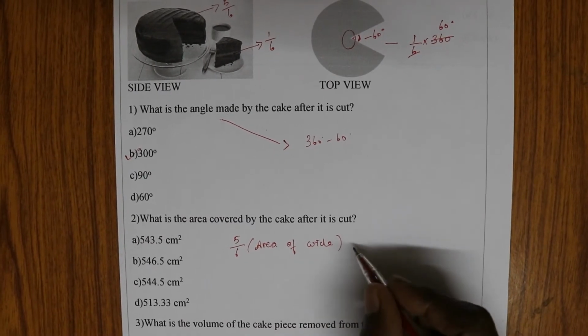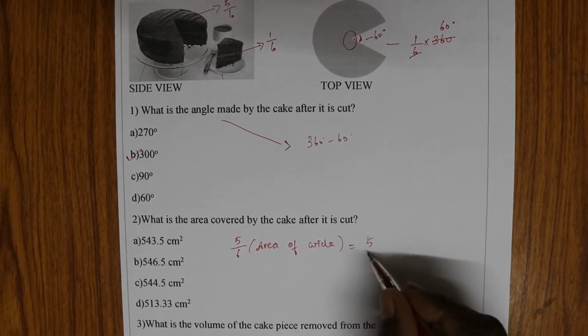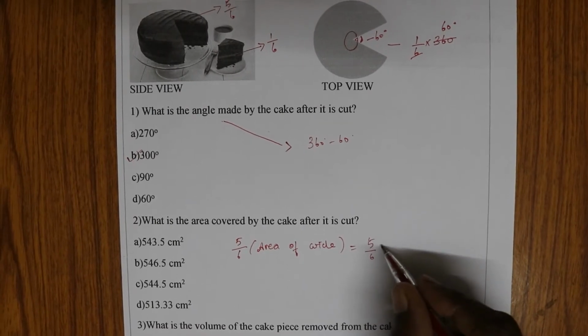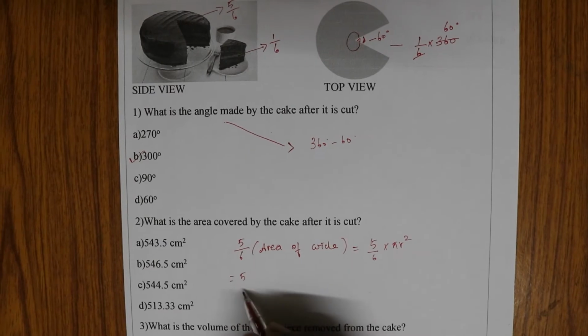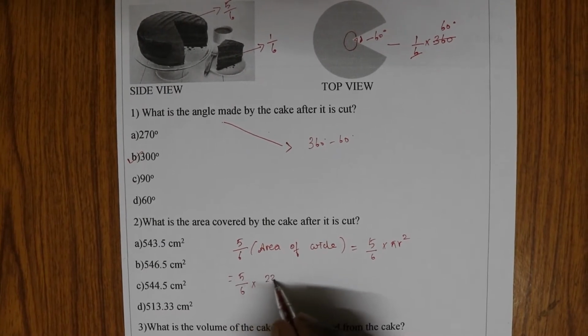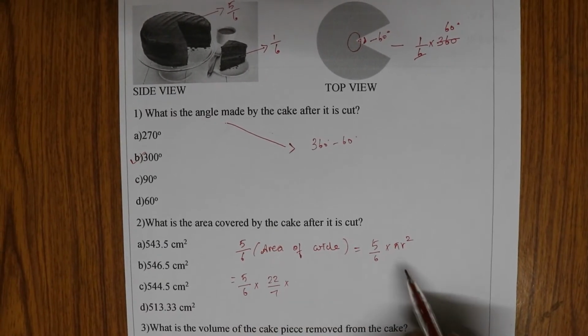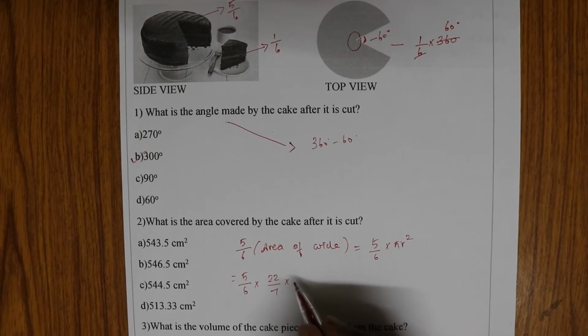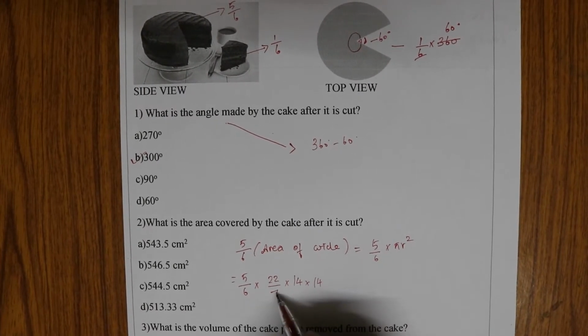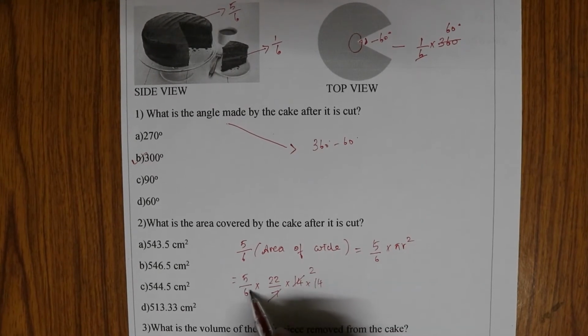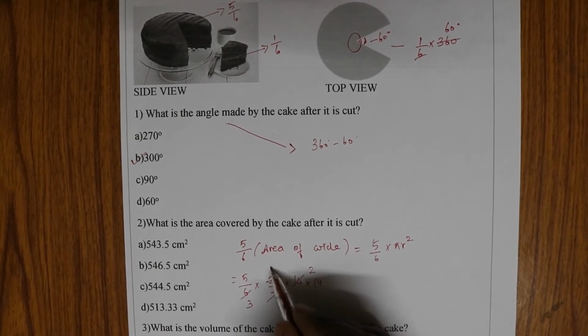So what's the area of a circle formula? It is pi r squared. So 5/6 of pi r squared. So that's going to be 5/6 of 22/7 into what's the radius of the cake here? It's 14. So 14 into 14. Whatever could be reduced, 7 2s, 2 3s, 2 11s.